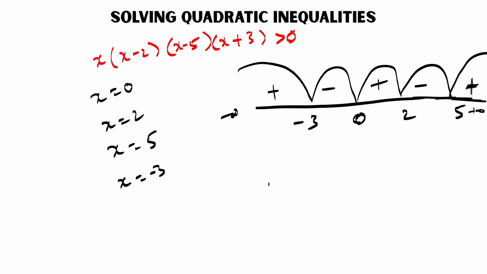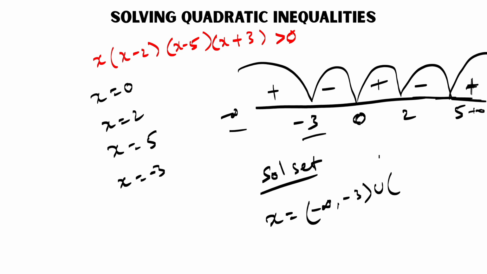So what is the solution set of this one? Solution set of this inequality is x greater than 0. So we shall ignore the negative values, ignore the negative range and consider the positive range, which is minus infinity to minus 3 union, and this is negative, so this is positive, 0 comma 2 union 5 comma plus infinity.